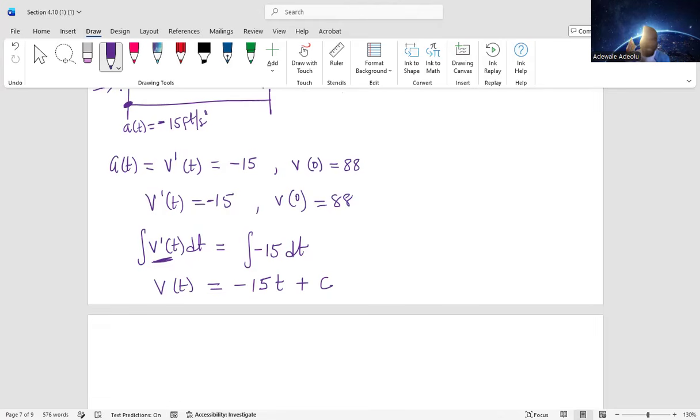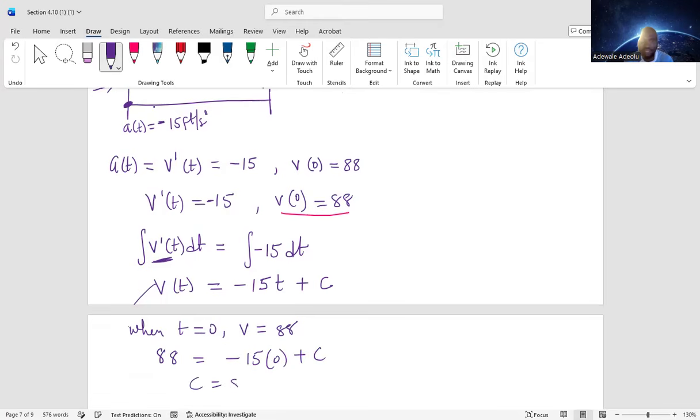Let us find a particular function now. That is when time is 0, v is 88. Since we know that, we can plug it in here: 88 equals negative 15 times 0 plus c.